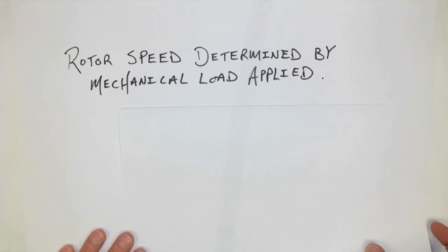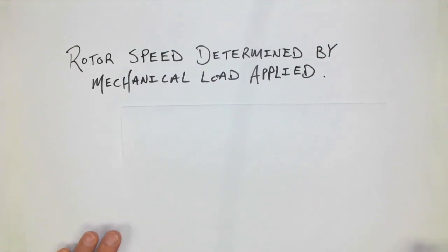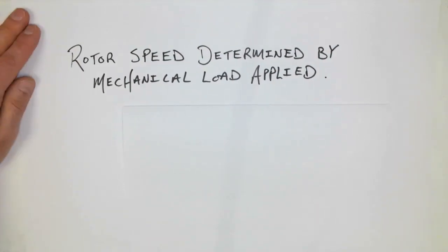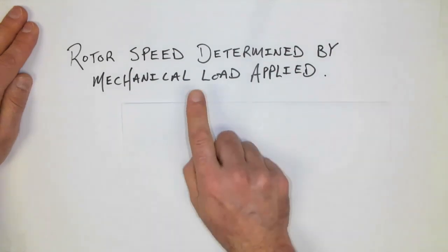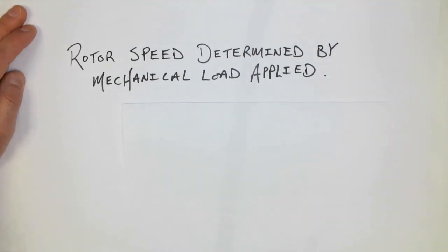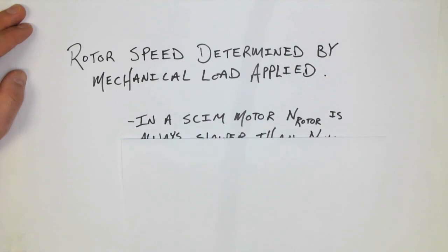The rotor speed is the mechanical speed. It's no longer a fictitious, in the air electromagnetic flux speed. The rotational speed of the rotor is determined by the mechanical load applied to it. In a SCIM motor, the rotor speed is always slower than the synchronous speed, always.